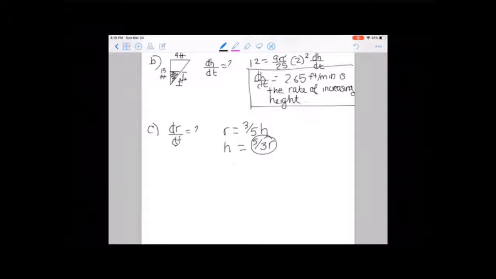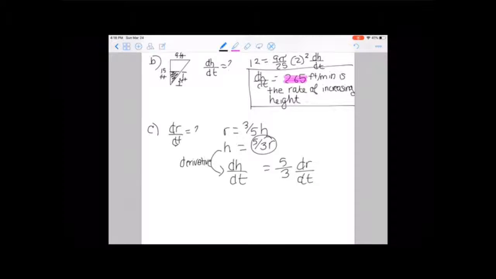So, dH over dt equals 5/3 dr over dt, as the derivative is relative to time, as rate is the number of feet per minute. So as you can see, the equation on the bottom is the derivative of the equation above.